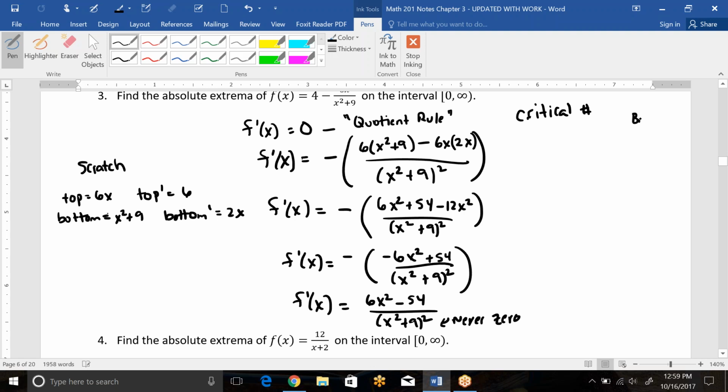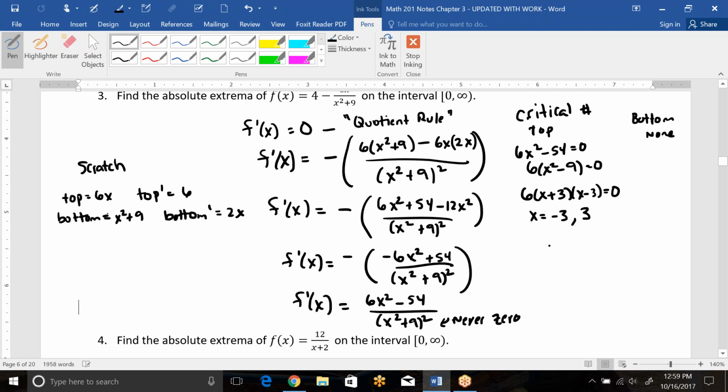So we get no critical values from the bottom. But from the top, we can set 6x squared minus 54 equal to 0 and solve that. So I'll pull out a 6, and this factors to x plus 3 and x minus 3, and then I get negative 3 and positive 3. So those are my numbers from solving the top.